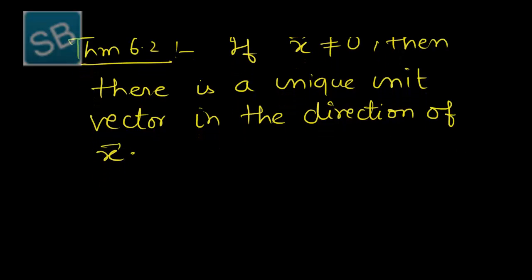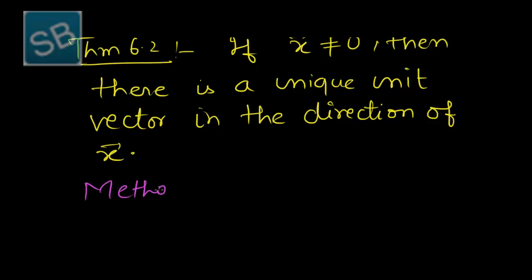Now, if there is a unique vector in the direction of every vector, now we will find out how we can represent a unit vector in the direction of a given vector. So, here we will discuss the method to find the unit vector in the direction of x.